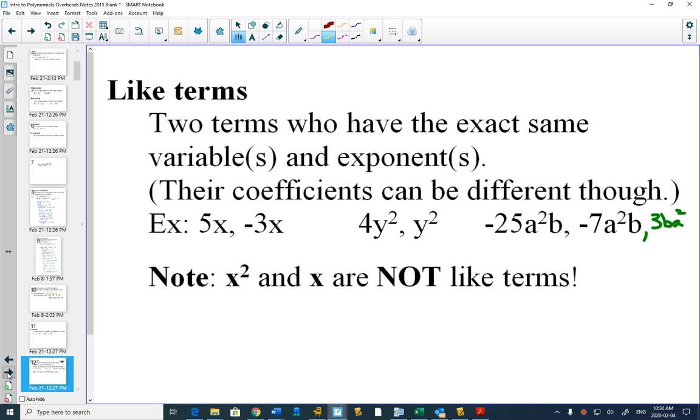And this is the type of algebra I said you have already done before. If I have 2 pencils here and 4 pencils here, how many pencils do I have? 6. We can add them together because they're the same thing. In math, we call things that are the same thing like terms because you can add them together.